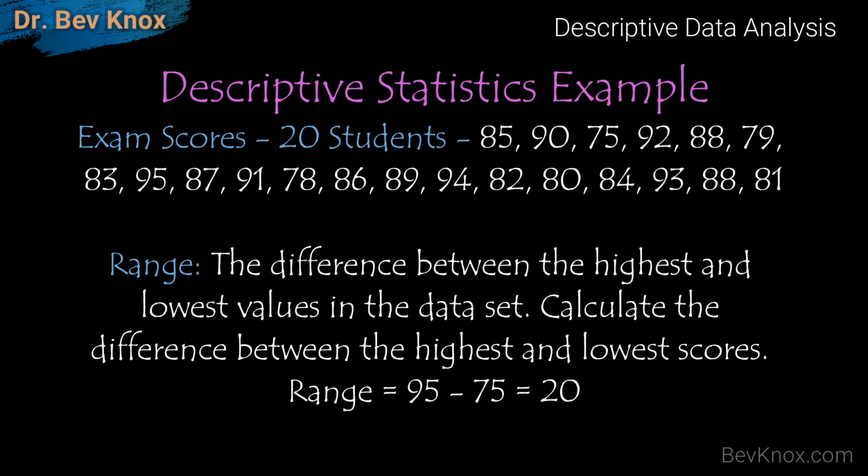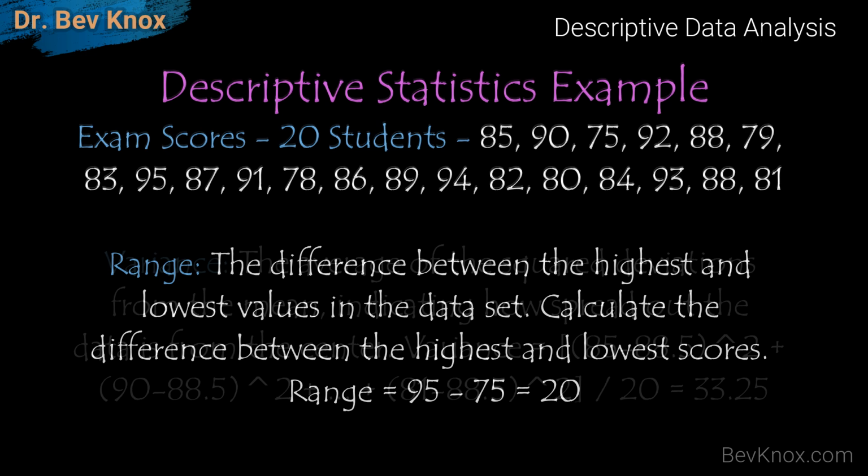It is the difference between the highest and lowest values in the data set. So calculate the difference between the highest and lowest scores. So the range equals 95 minus 75 equals 20.